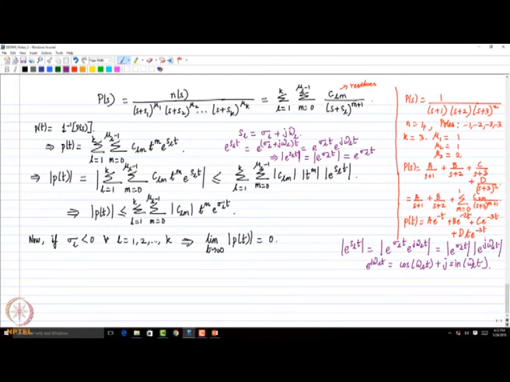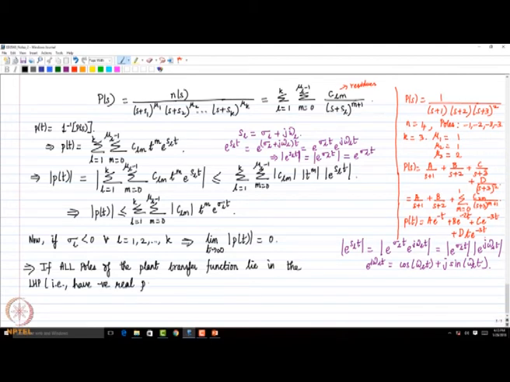So, to summarize, this implies that if all poles of the transfer function lie in the LHP, that is, have negative real parts, then the system is BIBO stable.